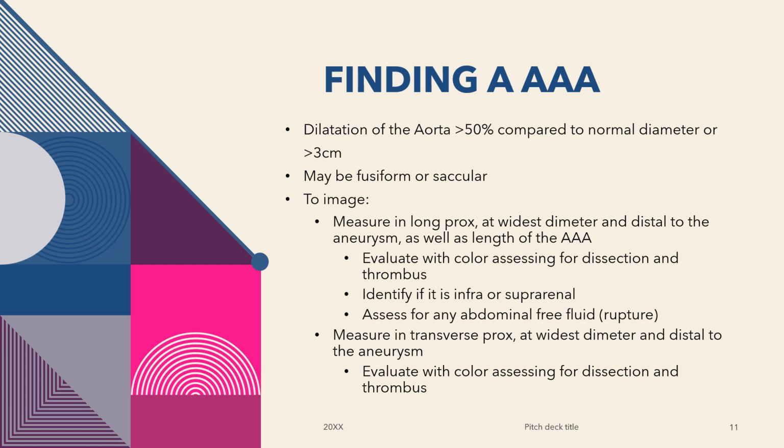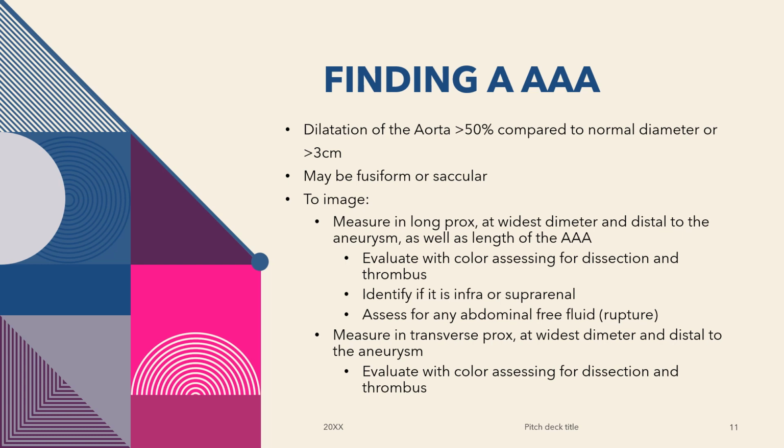So finding a AAA. Like we mentioned, really anything over 3 centimeters is typically identified as an abdominal aortic aneurysm. However, for patients that have a very ectatic aorta, it can be difficult to identify this because their whole aorta may measure over 3 centimeters in diameter.